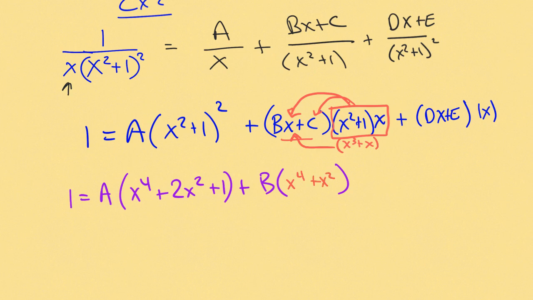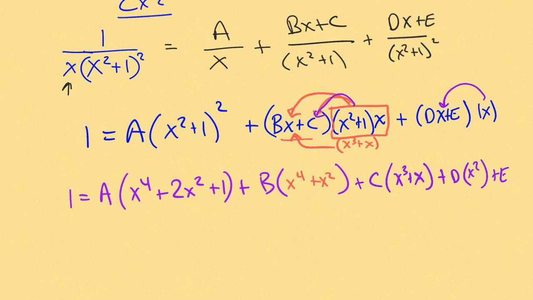That's what would be multiplied by B. If you're not sure about that, pause it, try it out yourself. You'll see that that's what you get. Then I do the same but with C, so plus C times, this time it's just x cubed plus x. Then D times just x squared, and plus E times just x.